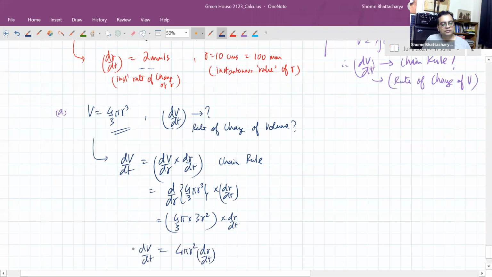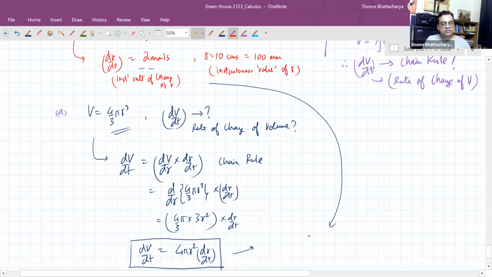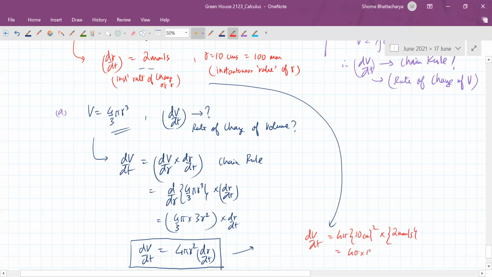Now we can substitute the given values. So in general, at any instant when the radius is r and the rate of change of radius with time is dr by dt, at this particular instant, the rate of change of volume is 4 pi into 10 centimeters square into 0.2 millimeters per second. We have to convert one of these two. Sir, it would be 0.02.